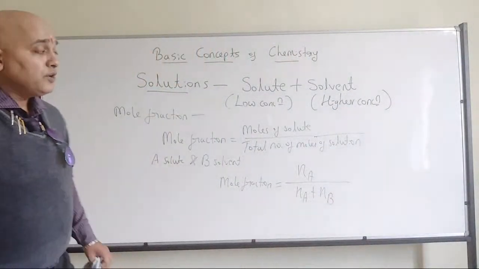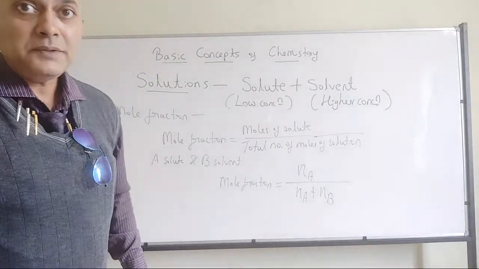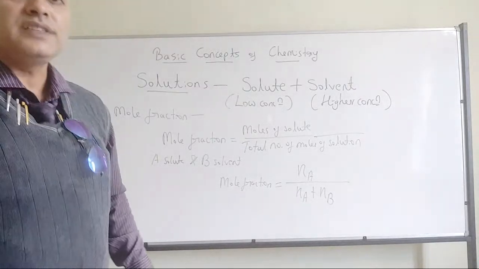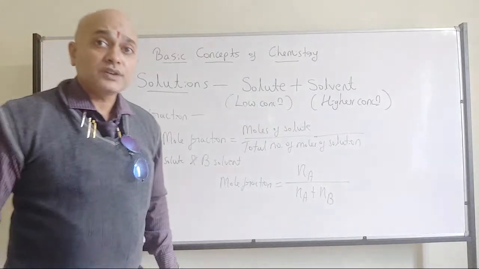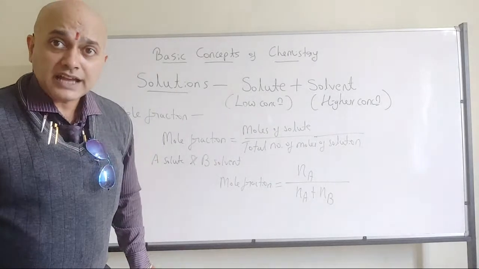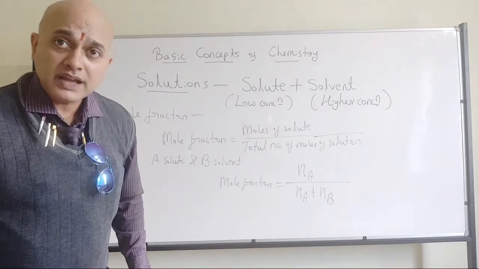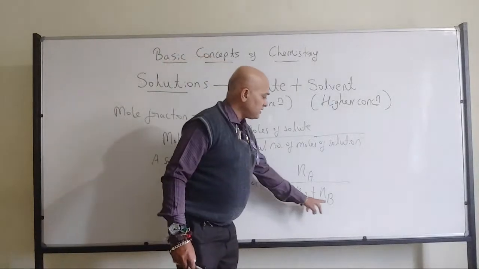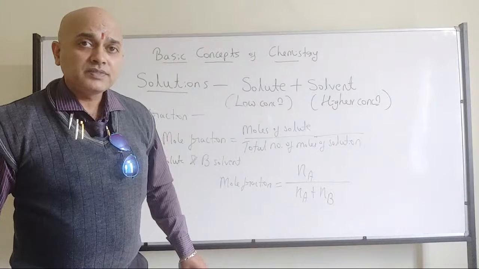In case of the mass percentage, what we used to do? We used to consider total mass of the solution, and here we have to consider total number of moles of the solution. So when I am using total number of moles of solution, then I should consider number of moles of solute plus number of moles of solvent. So that's what it's written here. All of you have understood?